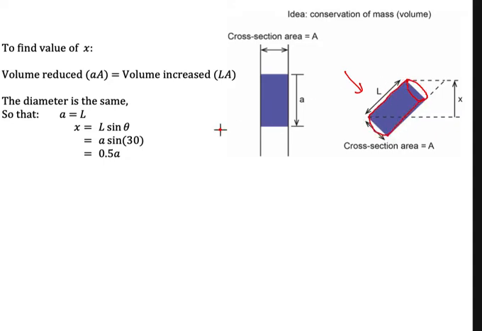So we could say that capital A times A is equal to the cross-sectional area times L. We cancel the cross-sectional area, so A is equal to L. The x here is equal to L sine theta. So x is equal to 0.5 A.